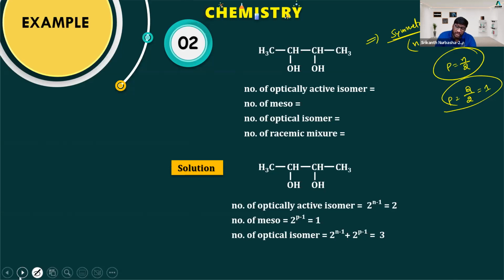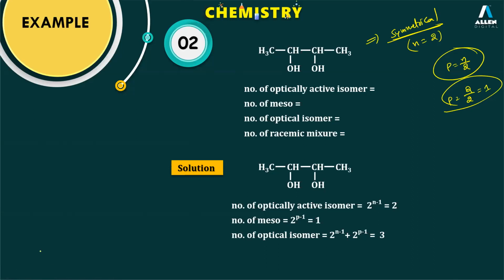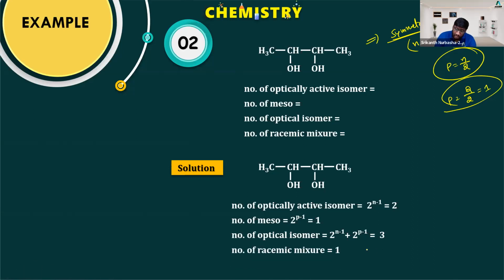And number of racemic mixtures is half of the number of optically active isomers, that is half of 2, that will be 1.